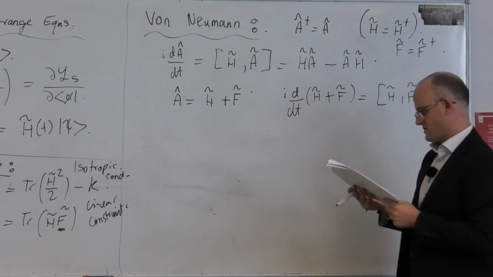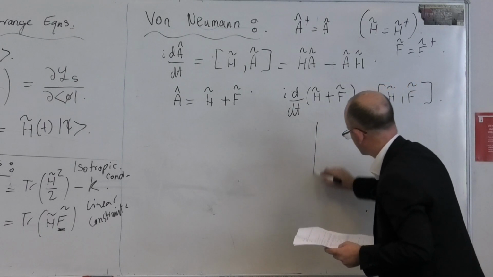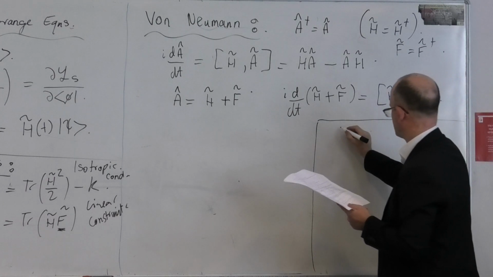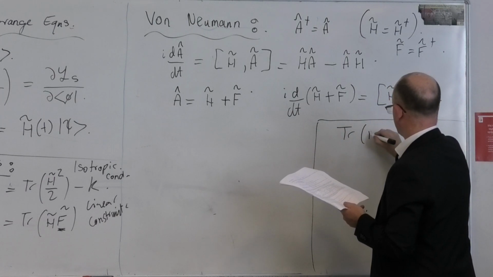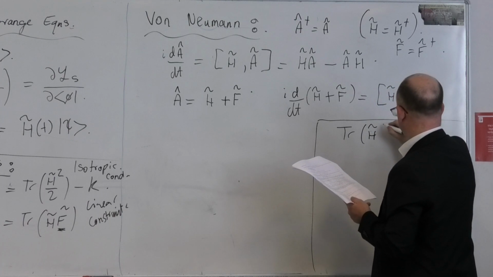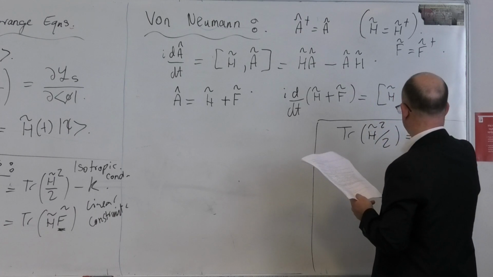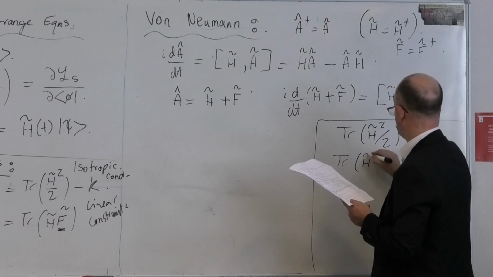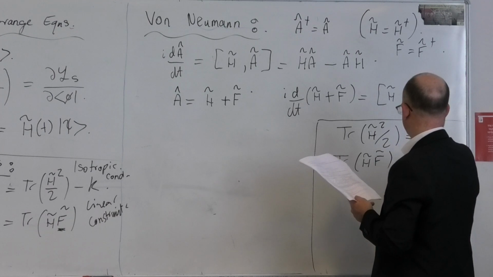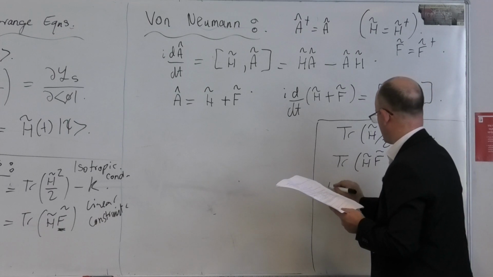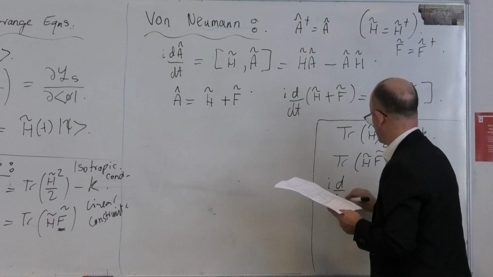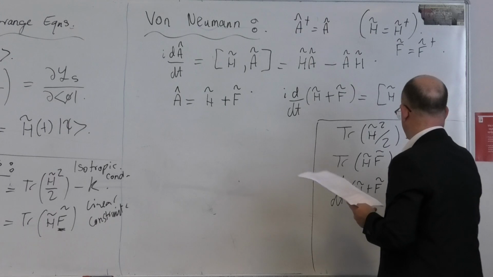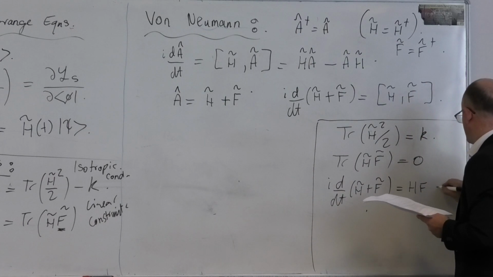Now, alright, so basically we have a set of equations which I'm going to write up here so that we can just keep in the back of our minds. So we have trace of h squared on 2 is equal to some constant. We have trace of hf is equal to 0. We have i d by dt h plus f is equal to hf minus fh.